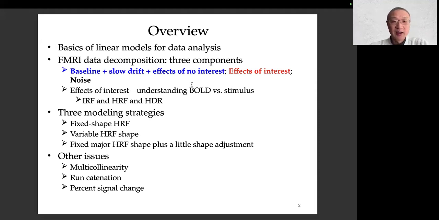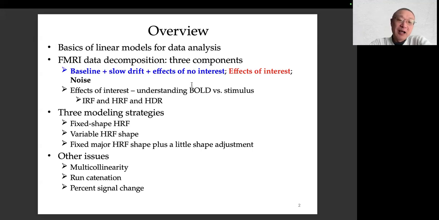Those are the components we need to understand before we build that bridge. If you are familiar with the basics of the field, that bridge is called the hemodynamic response function, HRF.